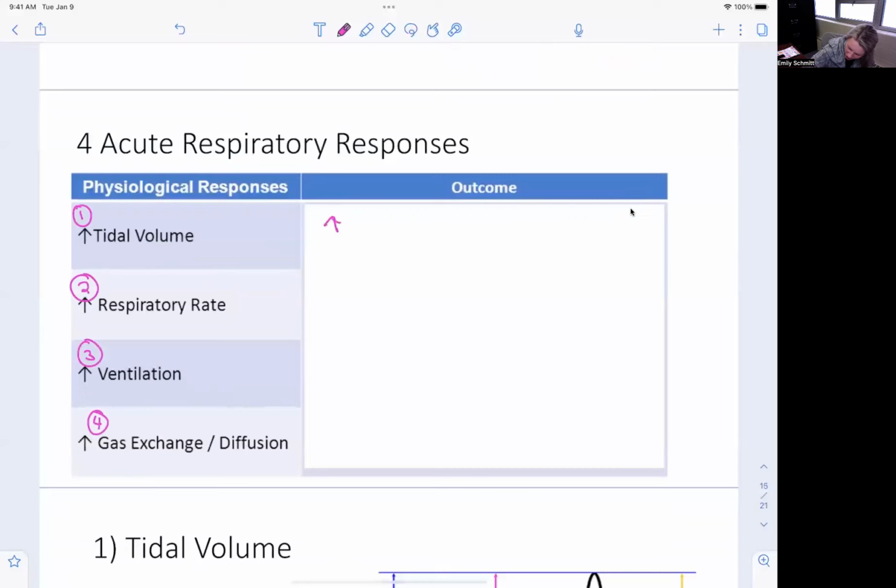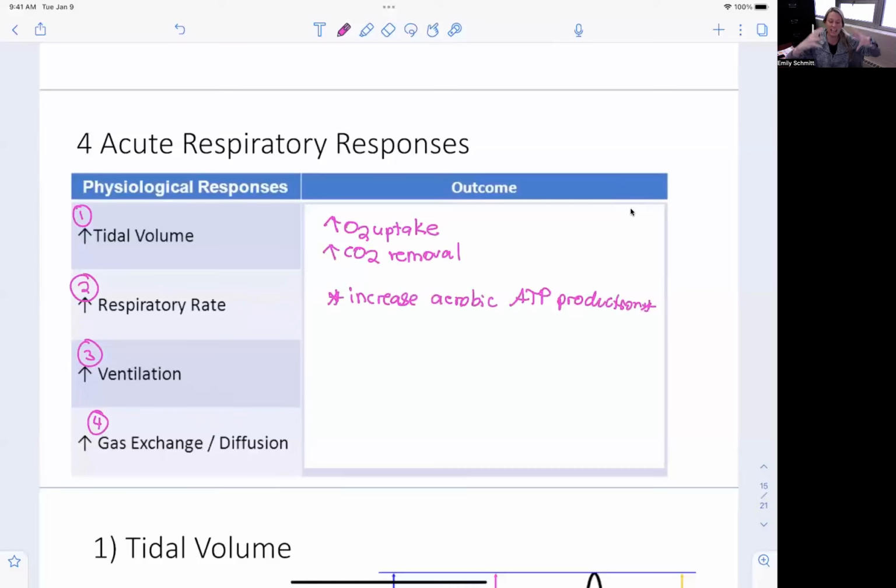So with this increase in oxygen uptake and an increase in CO2 removal, our whole goal is to increase aerobic ATP production to be able to produce energy at aerobically higher intensities.